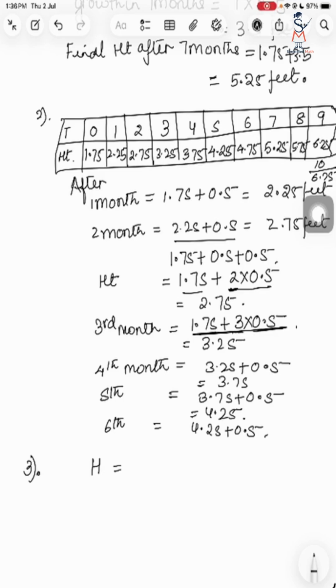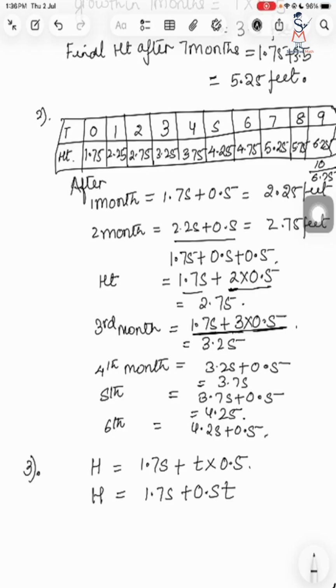What is the relationship? H is 1.75 initial height plus month. Month is the time t over here into 0.5, right? So 1.75 plus 0.5 t is the relationship.